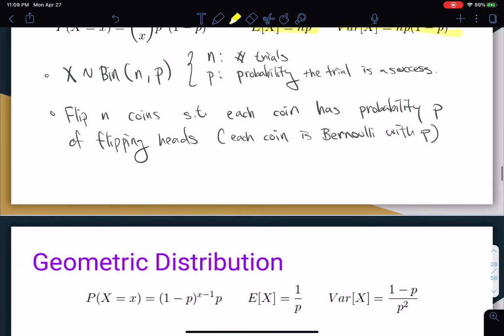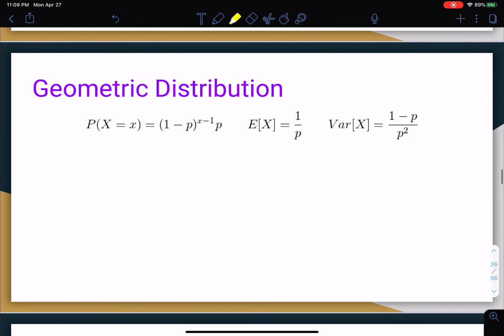Okay, let's move ahead to geometric. So geometric is a very similar story. The story here is I have a coin that flips heads with probability p.